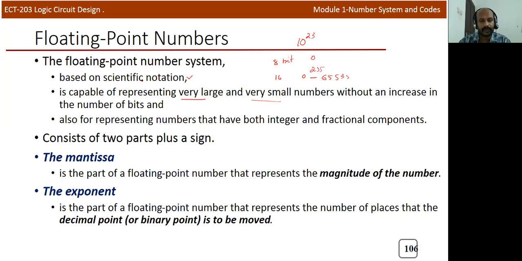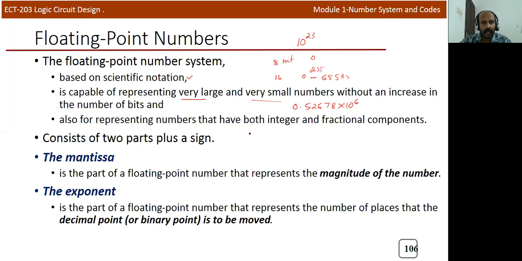To represent a large number without increasing the number of bits, we can choose the floating point number system. This is also useful for representing decimal or fractional values like 0.526778 times 10 raised to 6.